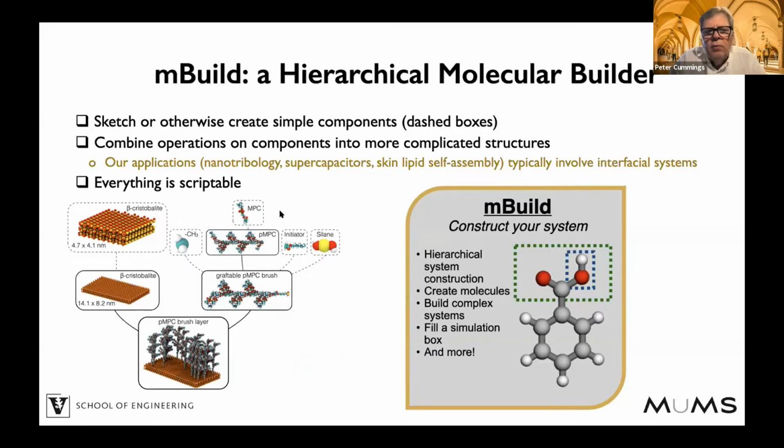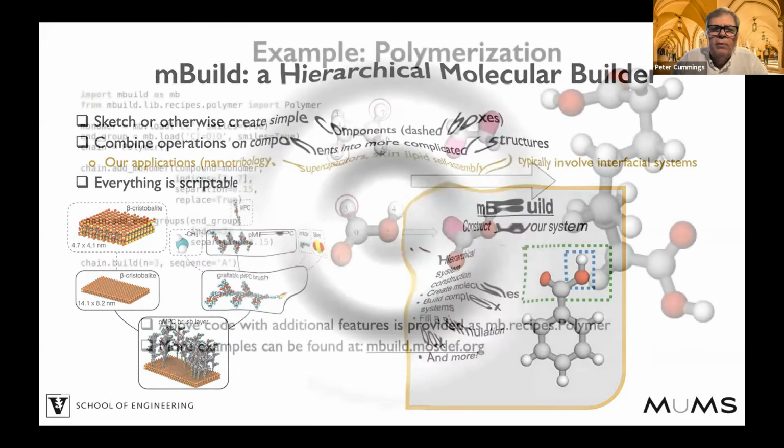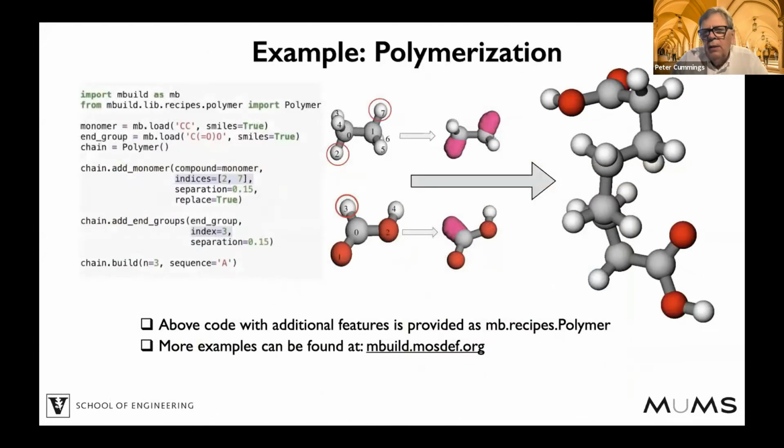It's built around things being built up from smaller components. You can combine things into much more complicated structures. The important thing is that everything is done with scripts. This is an example of a polymerization script that's been developed over the years within the MoSDeF community.